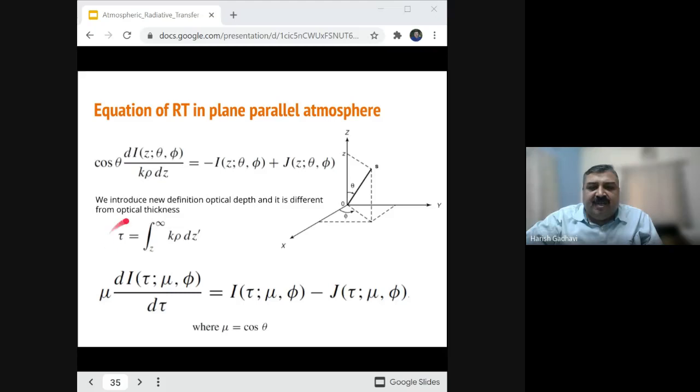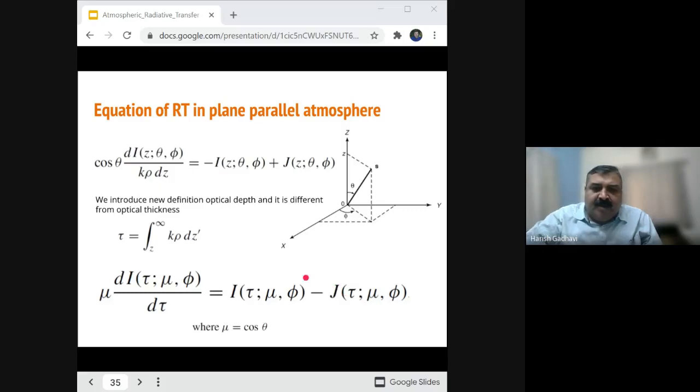If you need to use this quantity in any other direction, we simply divide it by mu, or by cos theta. So that is our radiative transfer equation for the plane parallel atmosphere. The radiative transfer equation in a plane parallel atmosphere without any scattering terms will look like this. Okay, so this is the equation.